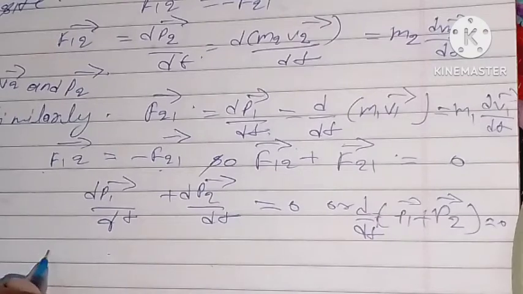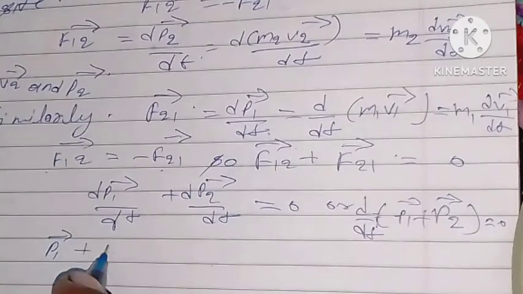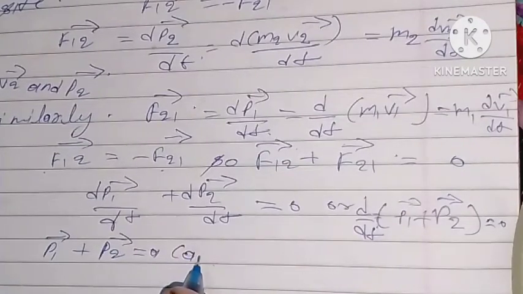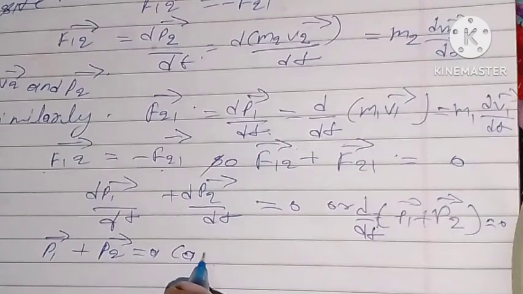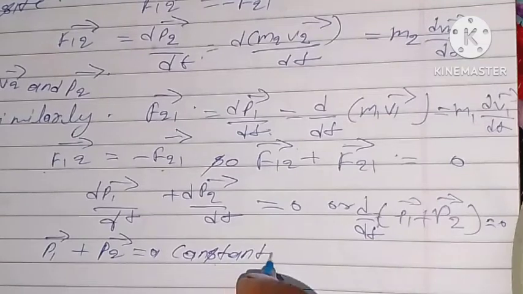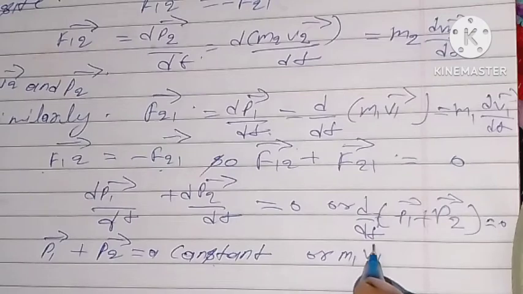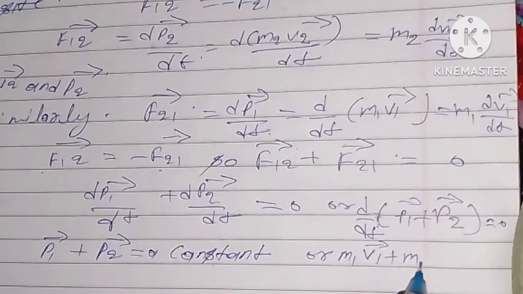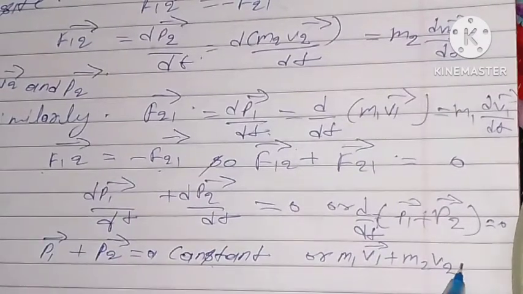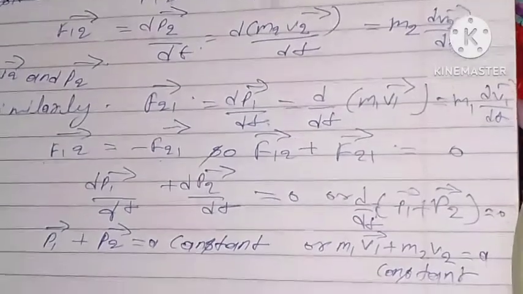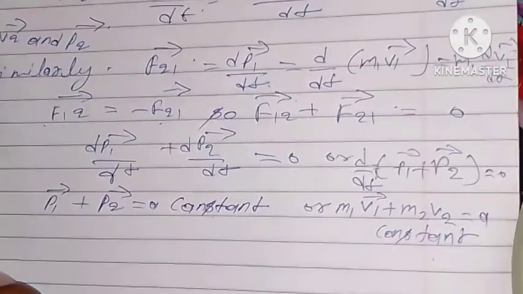Integrating, we have vector p1 plus vector p2 equals a constant, or m1 v1 plus m2 v2 equals a constant.